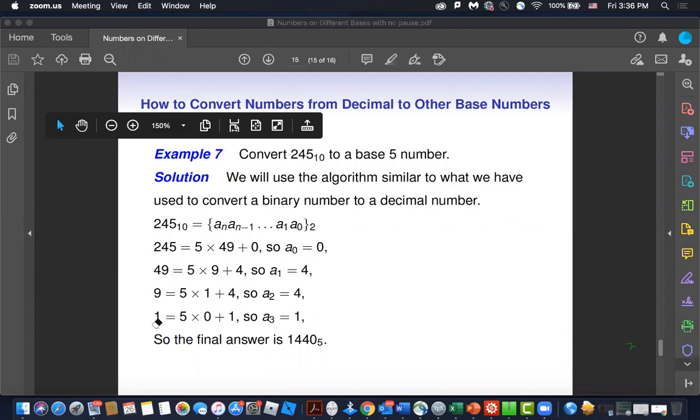That is the most confusing one for many students. But so what? 1 divided by 5, the quotient is 0, so the remainder is 1. Then we write from the right to the left, so the answer is 1440 based on 5.